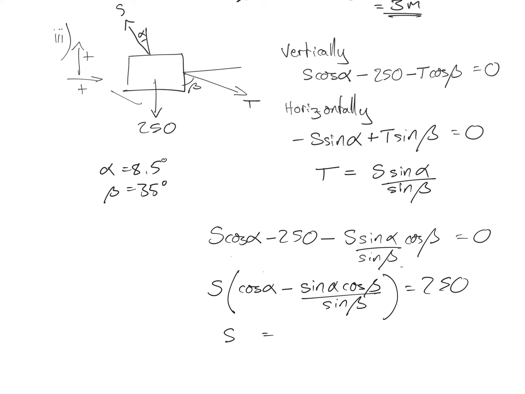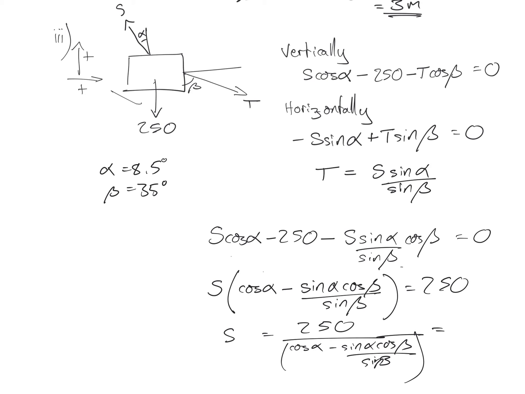So S is 250 over all of this: cos alpha minus sine alpha cos beta over sine beta. Okay, and that's not very nice, but if I plug that all in at this stage, I'm not going to lose any rounding errors.